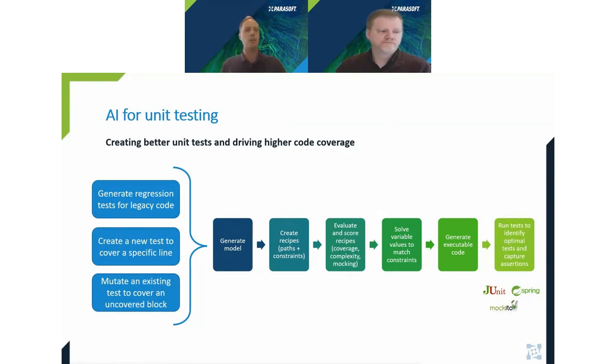And if there are any redundant tests, so they're covering code that's already been covered by another test, we'll make sure that those get removed. And then we capture the current state and add assertions to the test. So through this AI-led process, we're able to generate a meaningful test that looks like a human wrote it. These tests are using just standard open source JUnit, Mockito type frameworks, and they can run completely outside of our product in a CI/CD process.